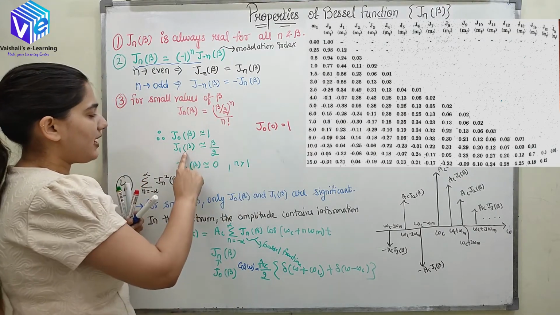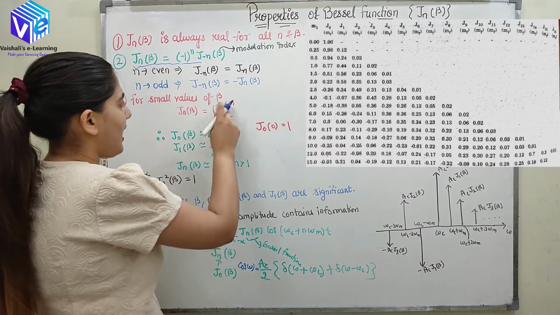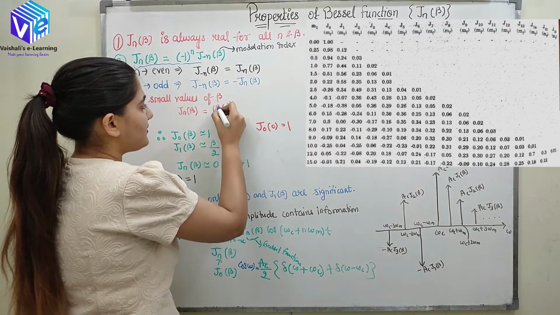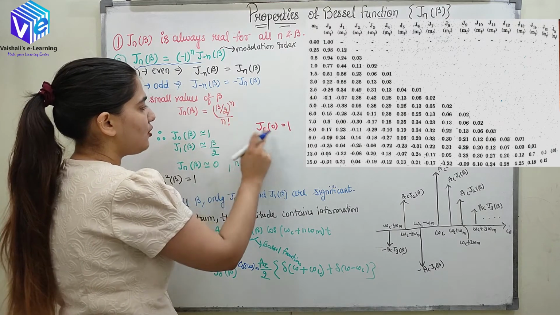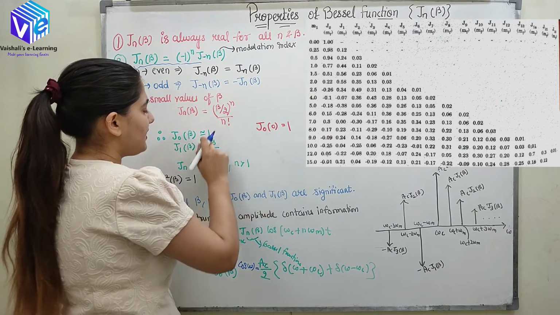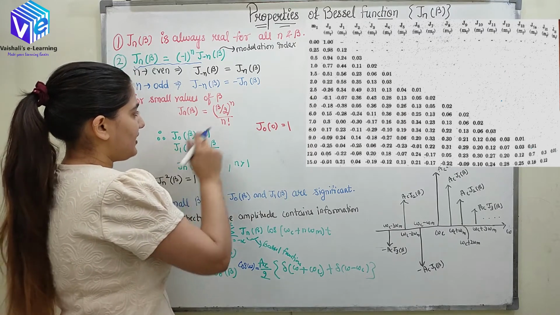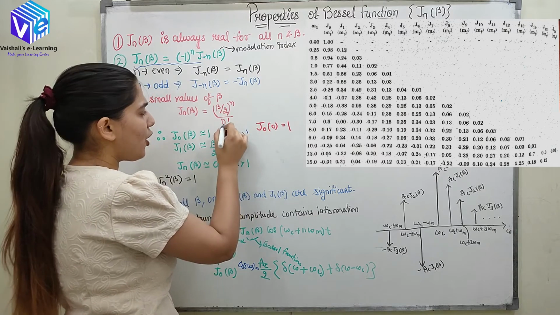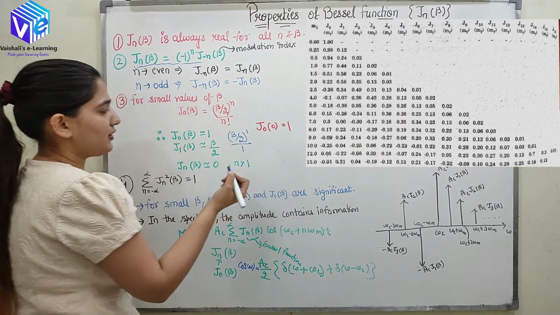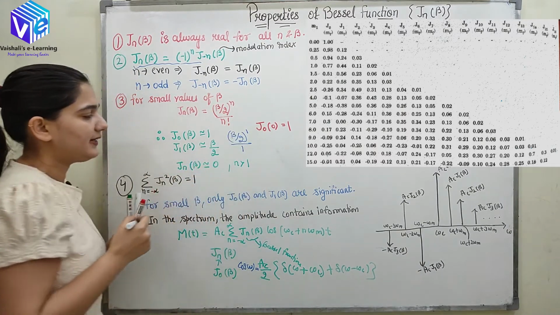Now for J1, n is 1 here. Beta by 2 raised to power 0 was 1. Similarly, if I put 1, it is beta by 2 raised to power 1 upon n factorial. 1 factorial would be 1. So it is beta by 2.